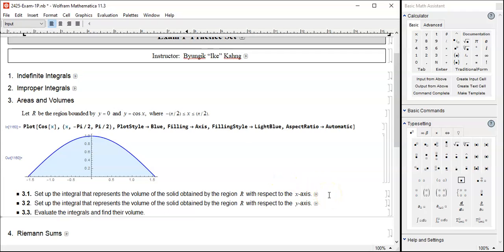Set up the integral that represents the volume of the solid of revolution obtained by rotating the region R with respect to the x-axis.